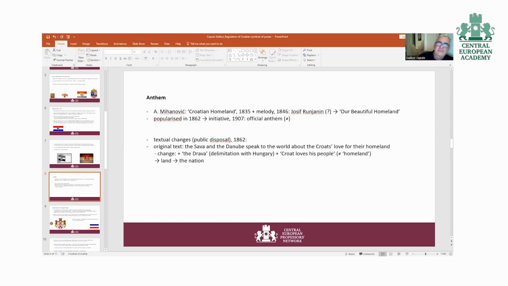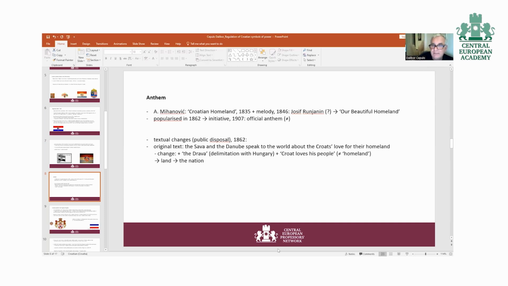What is interesting is that the anthem was exposed rather soon, in 1862, to textual changes. Namely, the original text mentioned the river Sava and the river Danube that speak to the world about the Croats' love for their homeland. And in 1862, the Drava River was also added to these verses, and the Drava River was the delimitation between Croatia and Hungary.